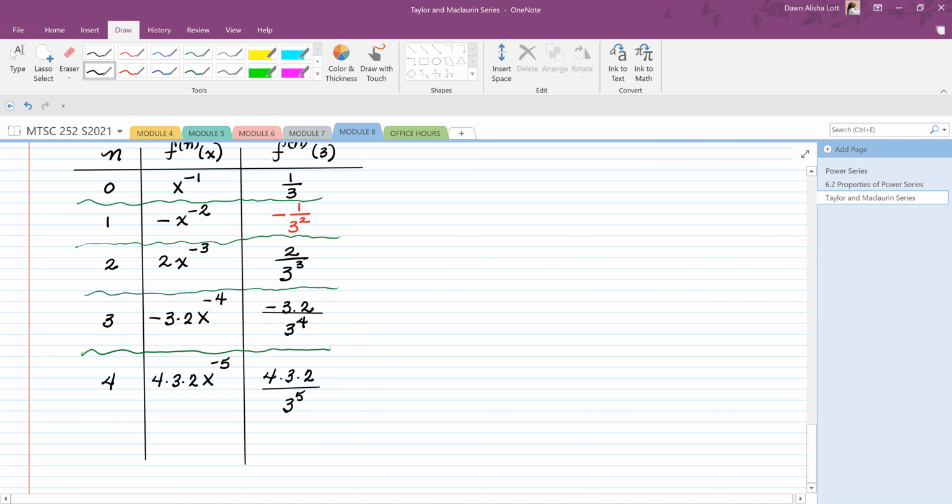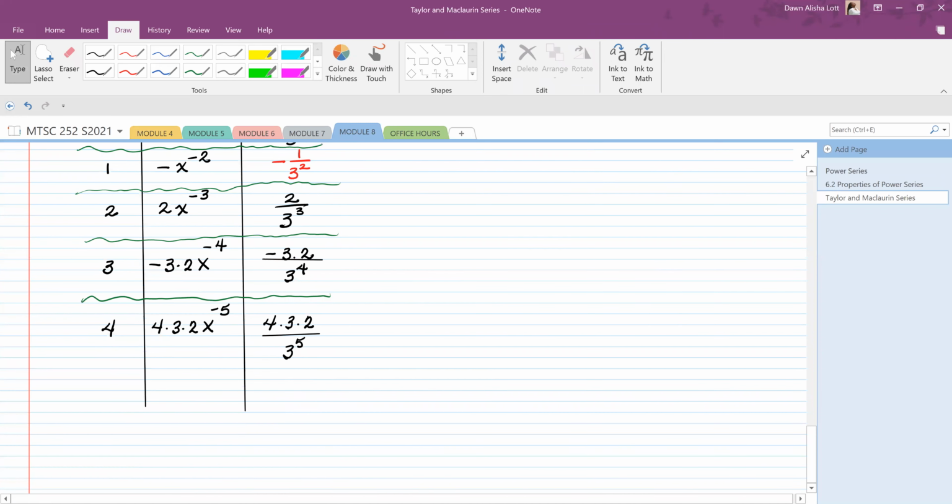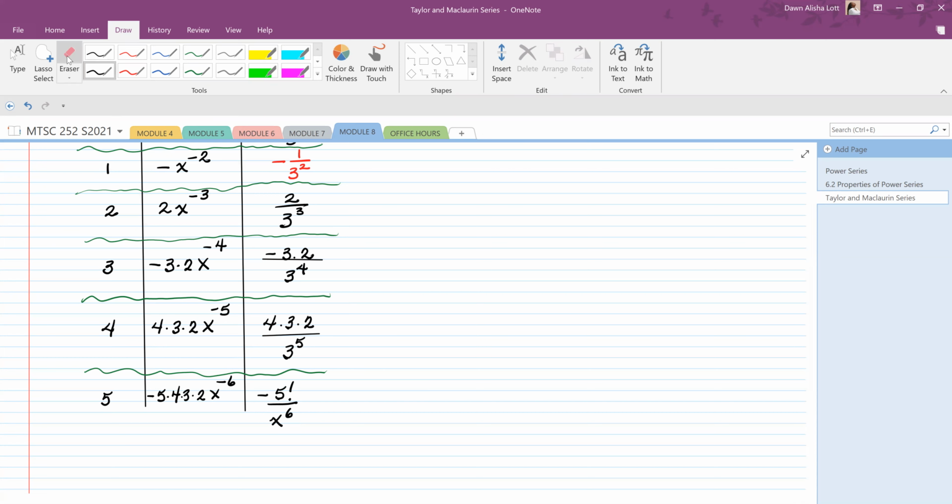So I think I got it. Does anybody see the formula yet? I'll do one more. The fifth is going to give me minus 5 times 4 times 3 times 2, x to the minus 6. So now I'm pretty sure that this is going to be a negative 5 factorial over 3 to the 6th power.